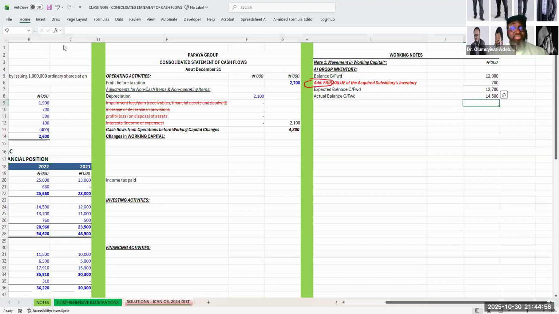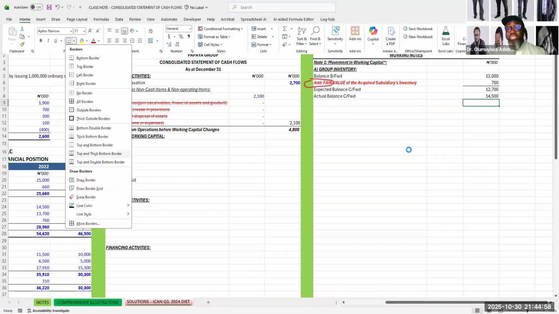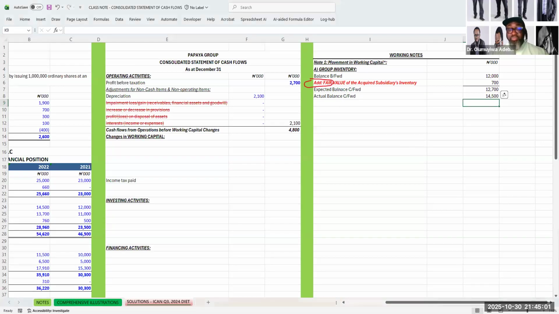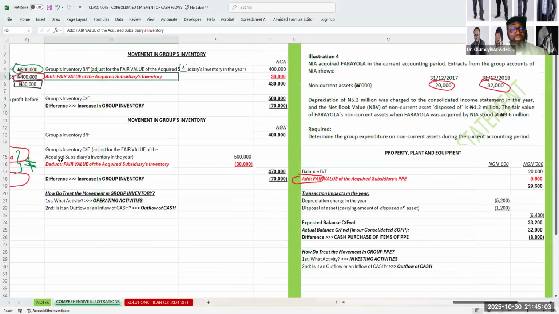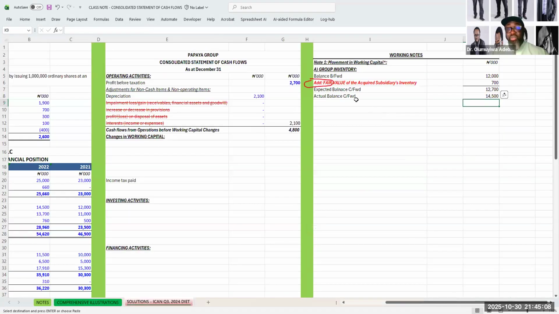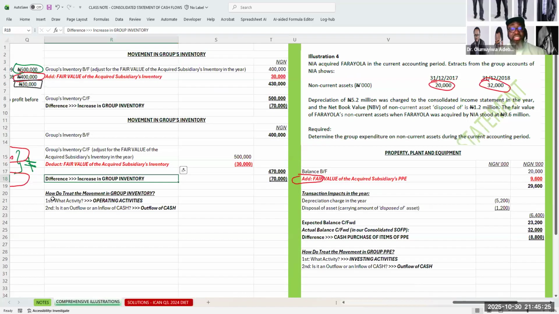Therefore, what is the movement? It's for me to find the difference. And what is the difference? Similar to what we did yesterday, I look for the difference. Is it an increase or decrease? Therefore, it's an increase in inventory by 1.8. And an increase in inventory, what do you consider it to be? Remember the question we asked: how do we treat the movement in group inventory? First, what activity?